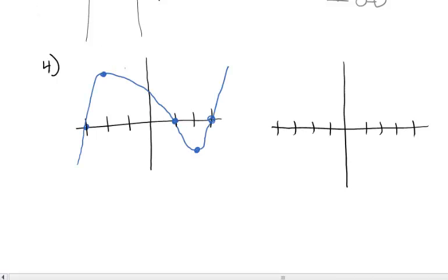Notice there's 2 points that we can draw a flat tangent line on. Those points are at -2 and at +2. Since you have a flat tangent line, the slope there is 0.